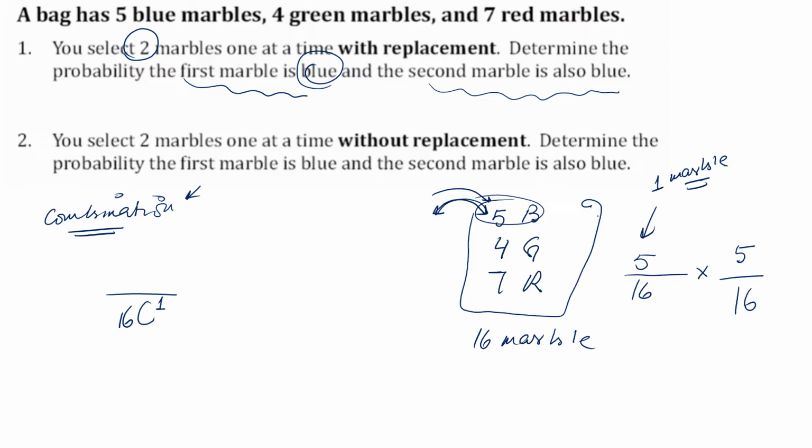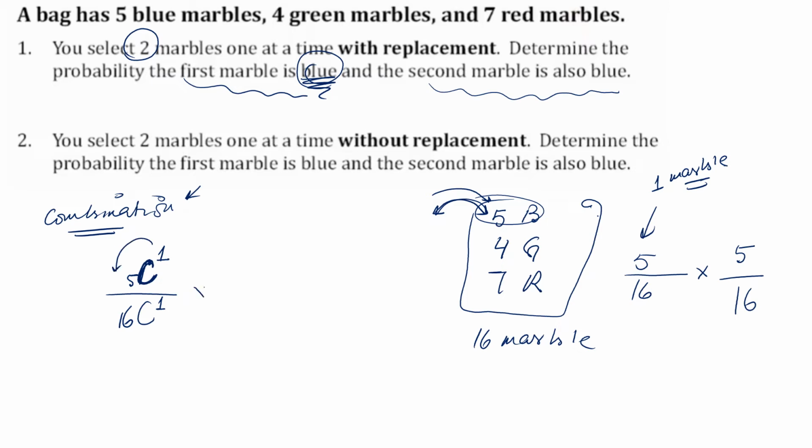Now the first marble should be blue, so the blue will be selected from the blue ones. The total number of blue marbles is 5, and you have to select the first marble, which means one marble out of the 5 blue marbles.